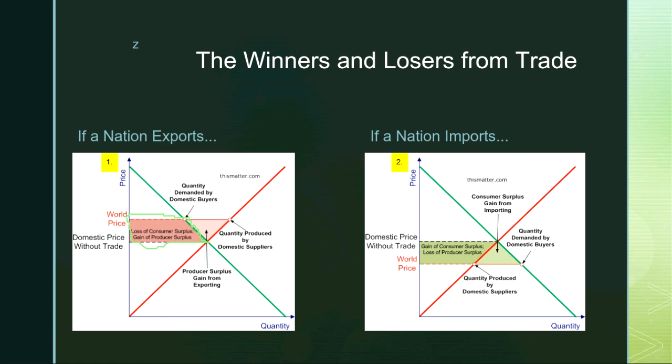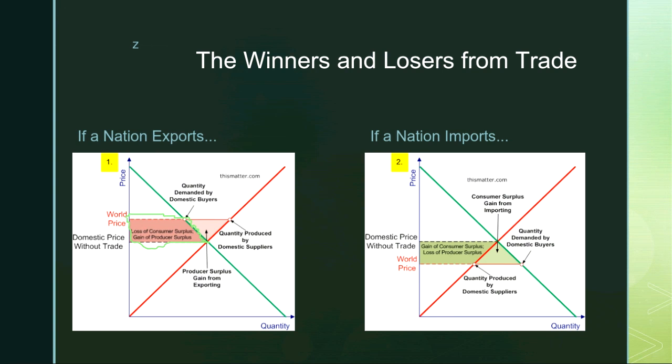Notice it says loss of consumer surplus, and this is the gain of producer surplus. Domestic individuals whose willingness to pay is above the world price have to pay more money than they originally did in the domestic market. And so they've lost all this red area to the higher world price.